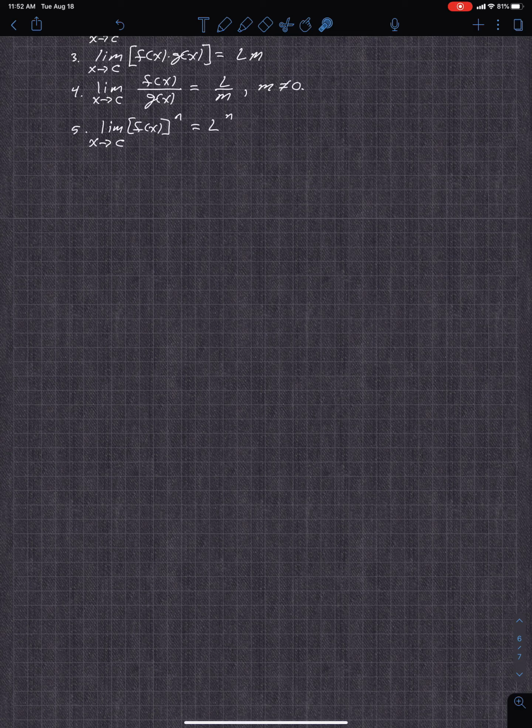Okay, so one example is pretty straightforward, and then we'll be done with this section. Almost. Okay, so here's a theorem. Sorry, not a theorem yet. Let's do an example. So just find the limit of 3x cubed plus 2x minus 1 as x approaches 1.